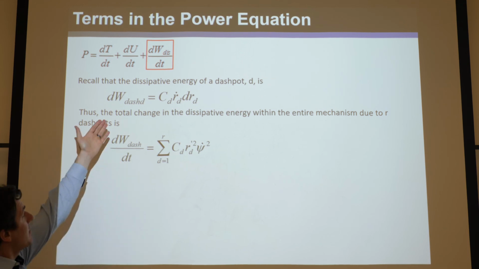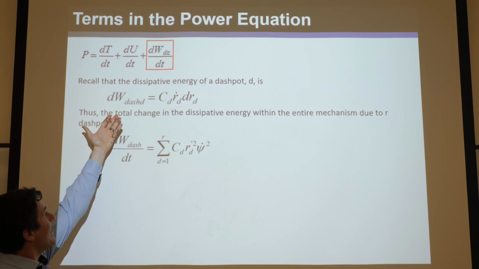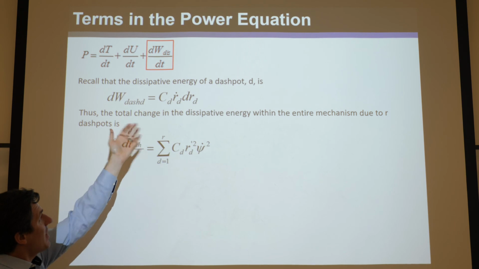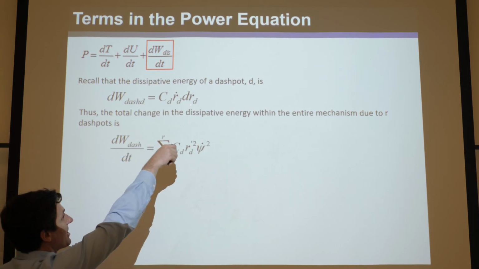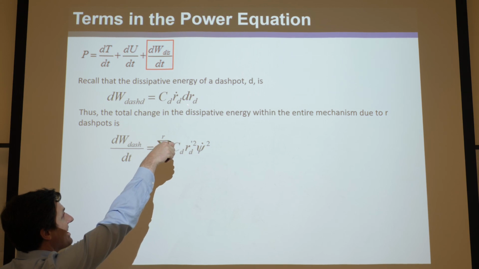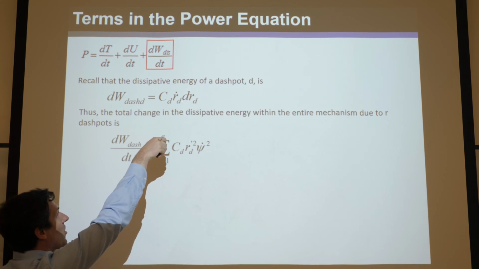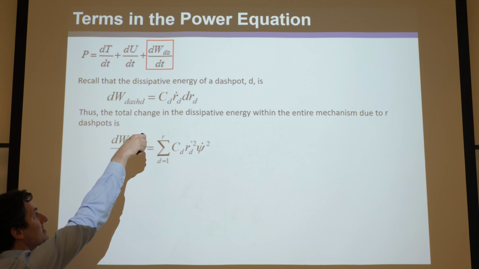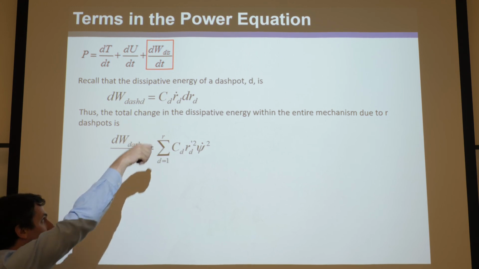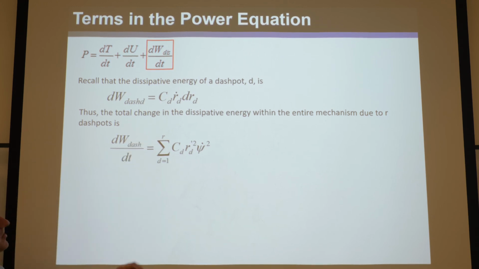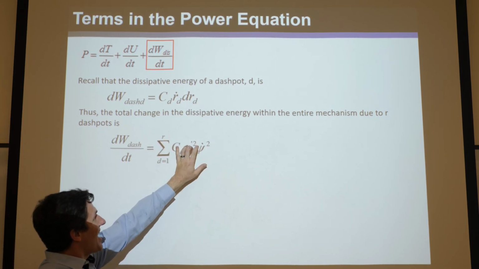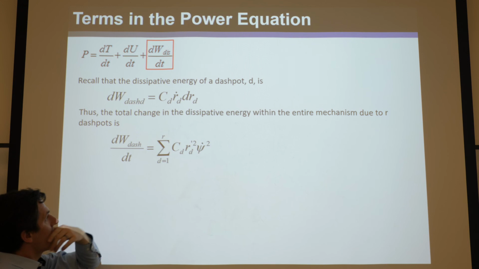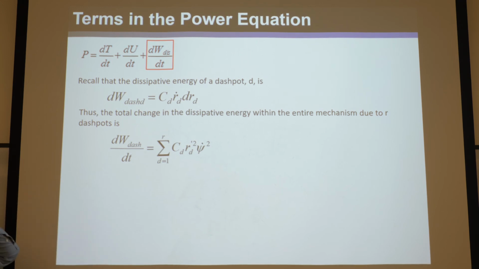And if you divide this by delta T, now it's the derivative here, this equation divided by delta T, see that dR_D divided by delta T is going to be R_D dot. So you basically have C_D R_D dot squared. And of course R_D prime times phi dot, that's R_D dot.